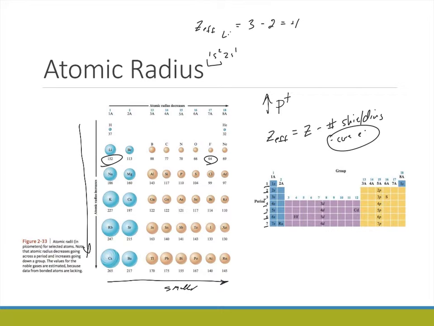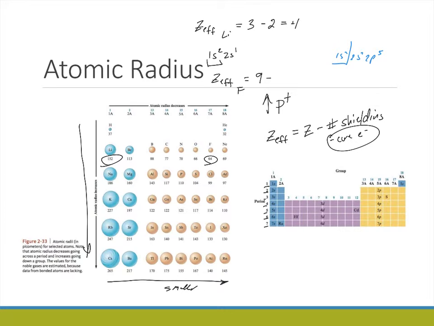But what about fluorine? Well, it's got 9 protons minus, now we need to take a look at its shielding electrons. The electron configuration for fluorine is 1s2, 2s2, 2p5. So now, how many shielding electrons does it have?